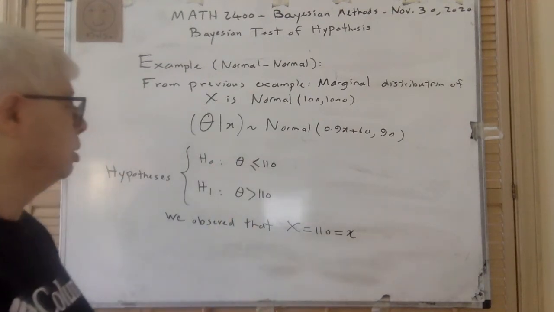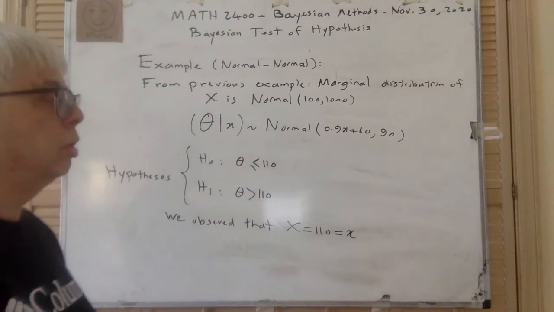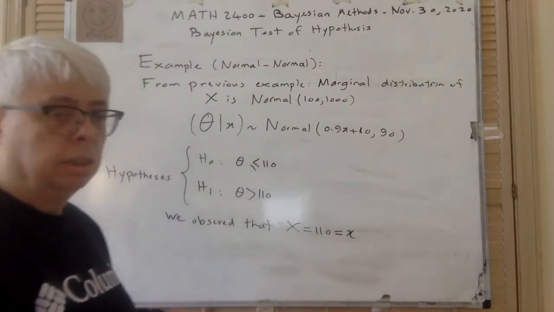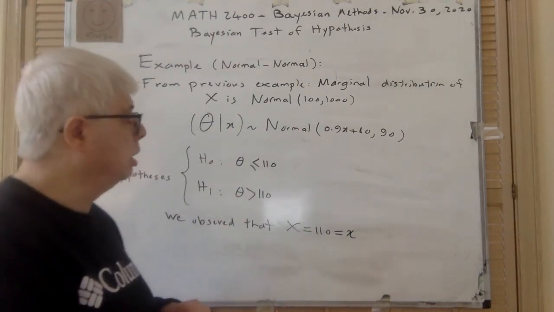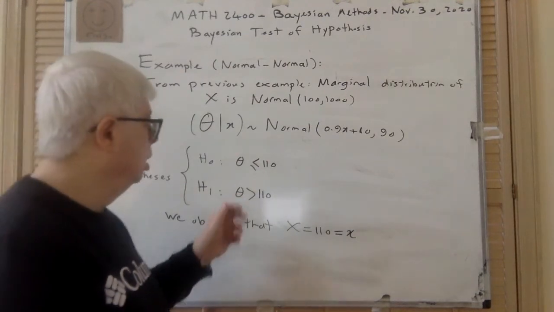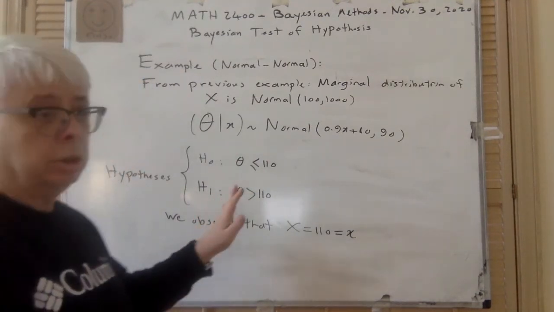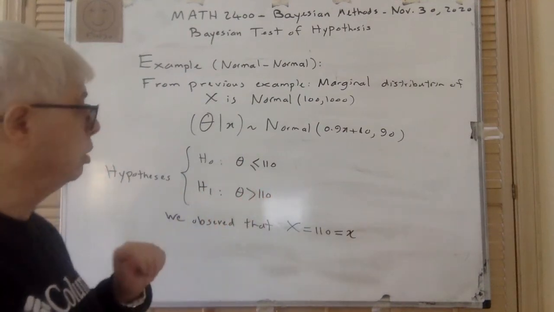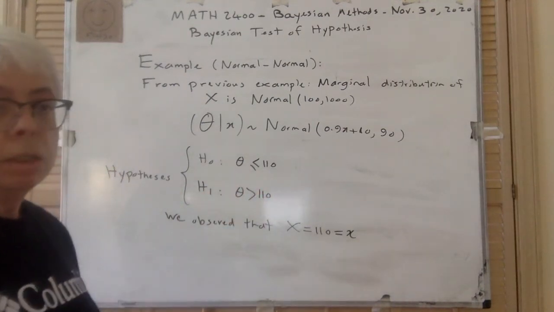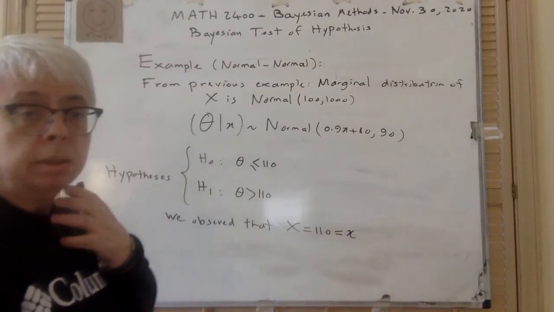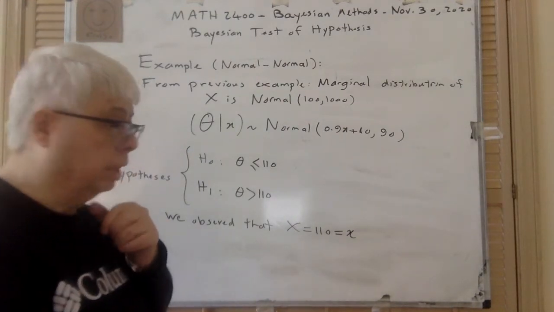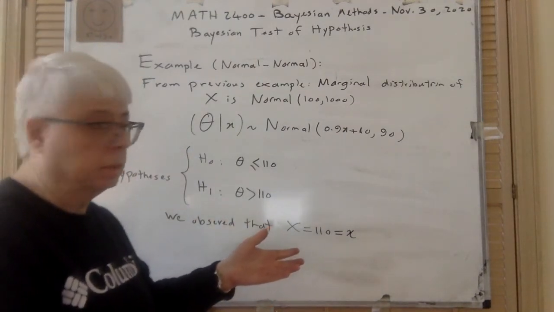So your null hypothesis, H0, is that the mean of the blood sugar is less than 110, and H1 is that it's bigger than 110. Well, this might be crucial for a diabetes patient, because if it is above something, then you have to take some medication.